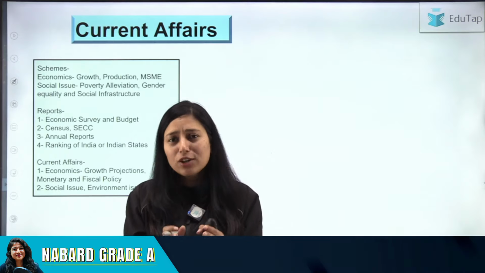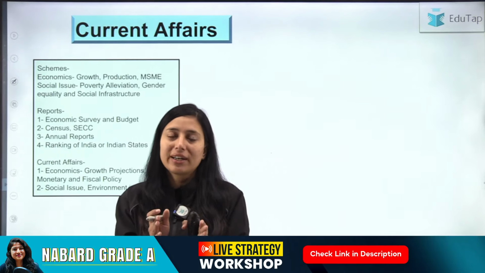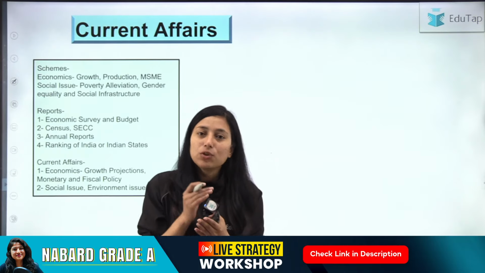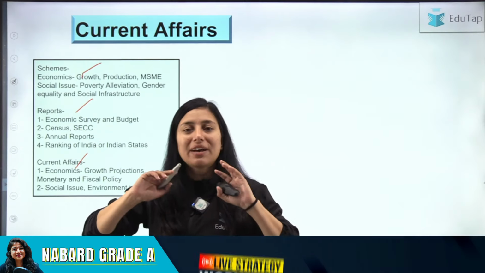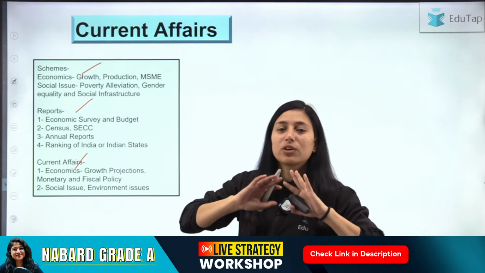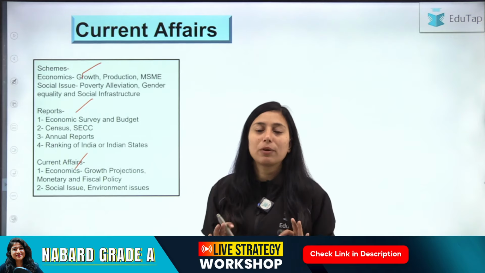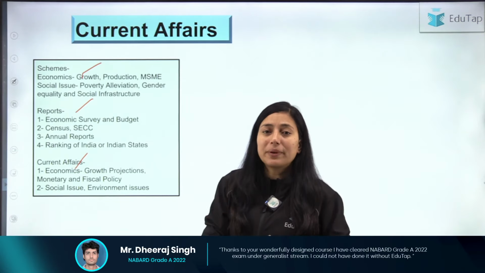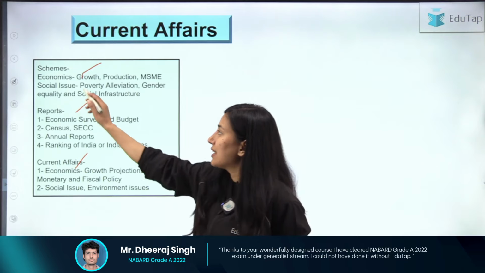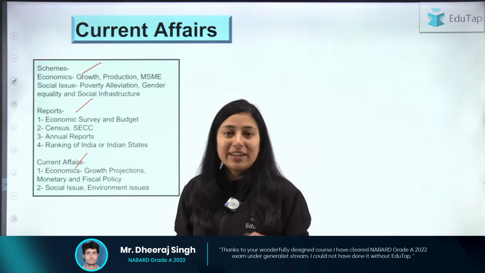Now if I talk specifically about the current affairs part, in current affairs we have three things: schemes, reports, and current affairs, right? So we have seen the entire syllabus, we have decoded the entire syllabus, we have seen each topic one by one. Now related to the topics that we have discussed so far, any scheme in the news is again very important.